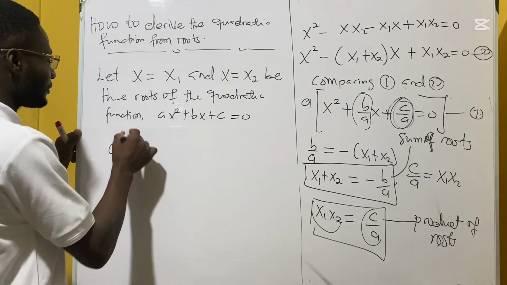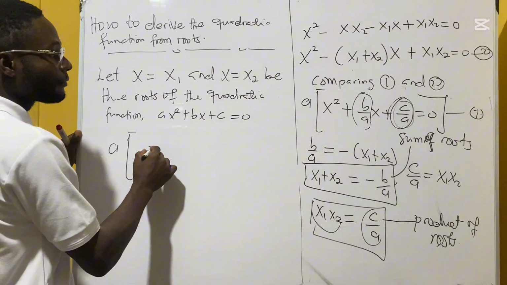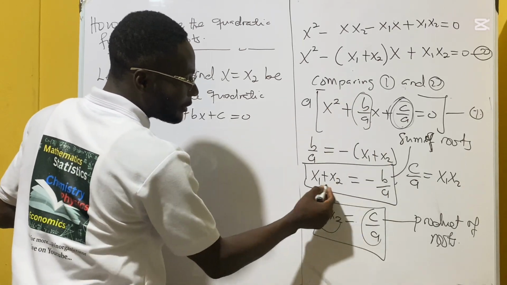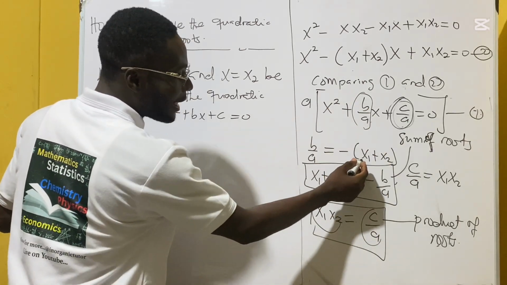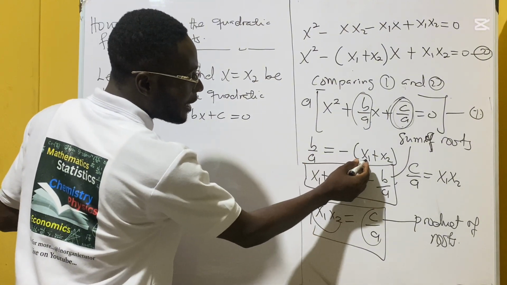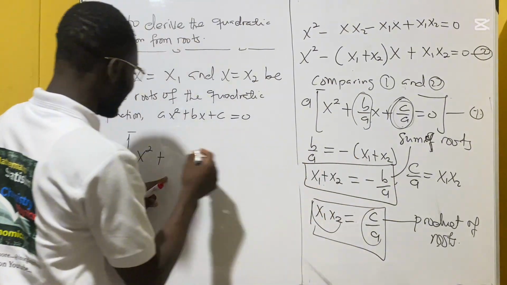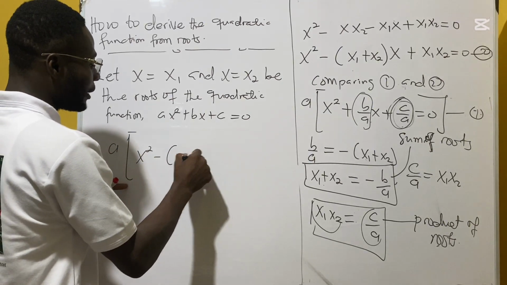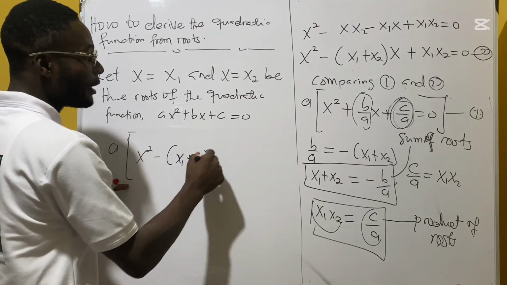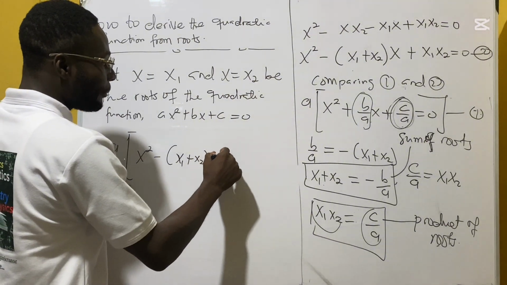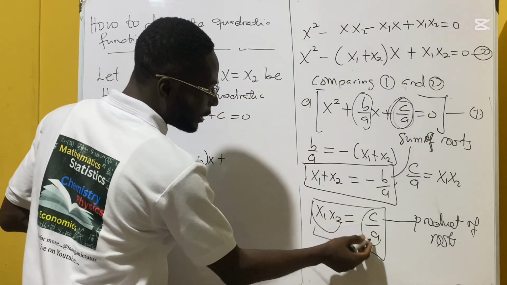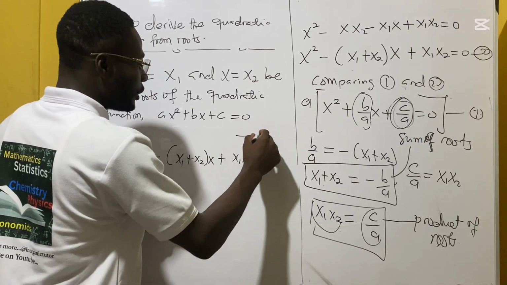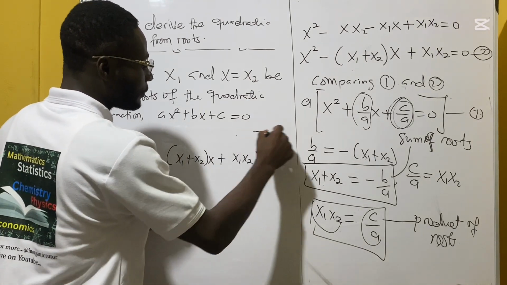Okay, so the quadratic function obtained from roots is giving us x squared plus b over a, which is negative (x1 plus x2), multiplied by x, plus our c over a, which is x1 x2, and that should be equal to 0.